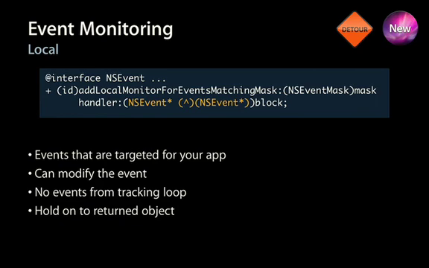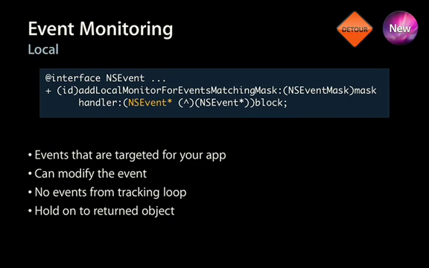You'll also happen to notice that this block returns an NSEvent. So with local event monitoring, you can not only monitor the events that are coming through the system, but before NSApplication routes them, you can change the event, put in a different event, or just return nil and end processing from there.